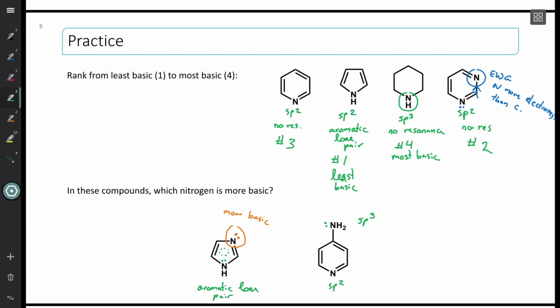But this amine has resonance with the benzene ring, so that lone pair is actually less available. So that nitrogen is actually more basic, not the NH2.